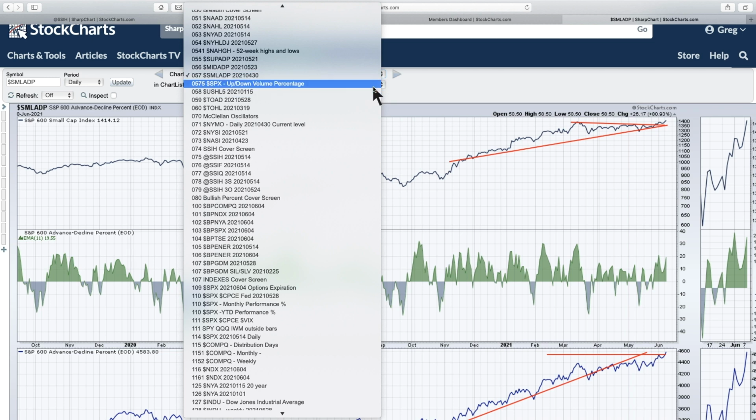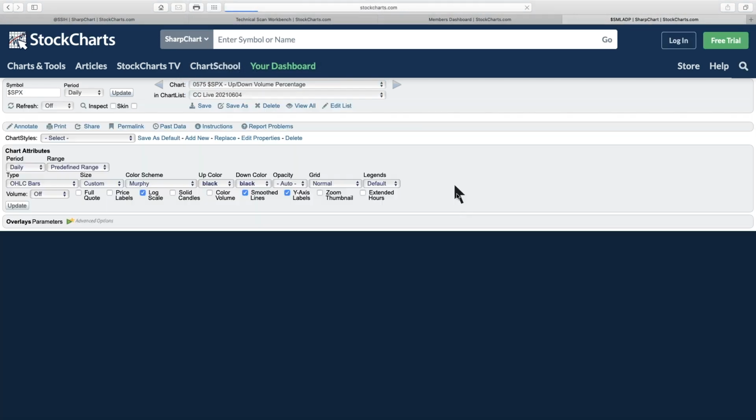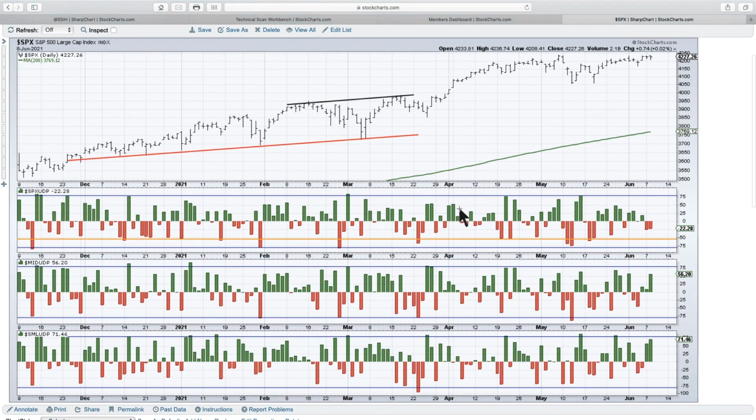When we look at just the S&P 500 for up-down volume percentage, what you can see on the chart is the stock market's moving up. Here's the S&P 500. The large caps have not really done much in the last 4 days, and of course the majority of the weight in the index is in the large caps.